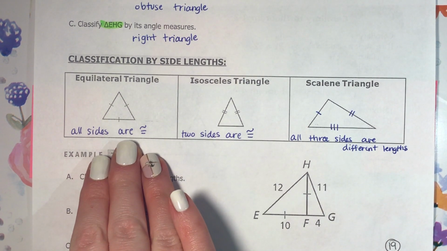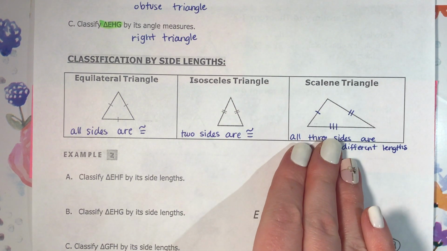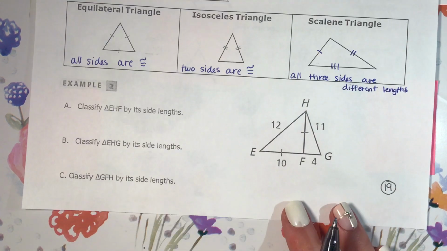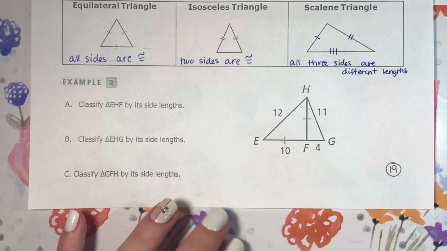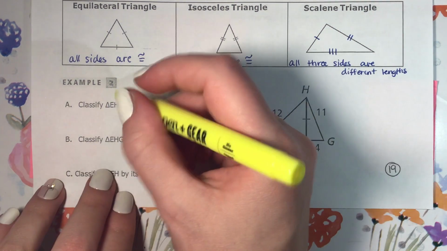Equilateral, all sides congruent. Isosceles, 2 sides congruent. Scalene, all sides different. So now we're going to classify some more triangles based off of their side lengths this time. So first we're going to classify triangle EHF.